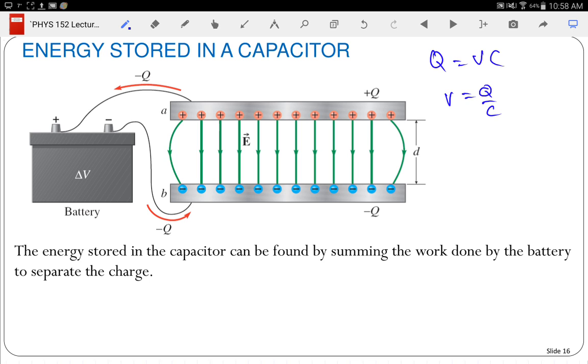But now you have a little bit of charge, so you have a little bit of a voltage difference. And so when you bring the second electron, there is some work that's done because you're now moving it against the voltage difference. And so after the second electron, you have a stronger voltage difference, takes more work.